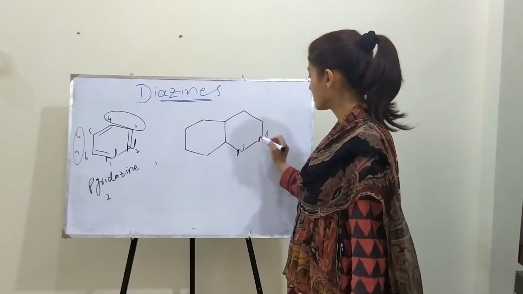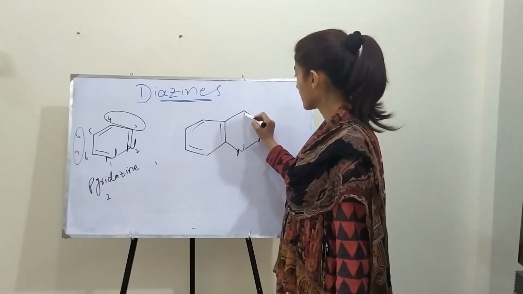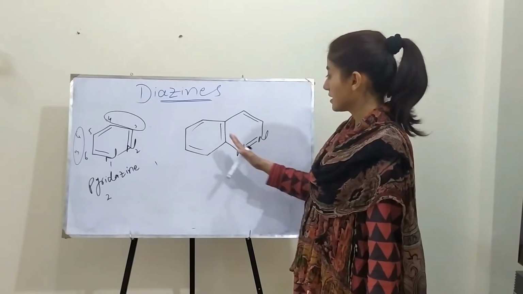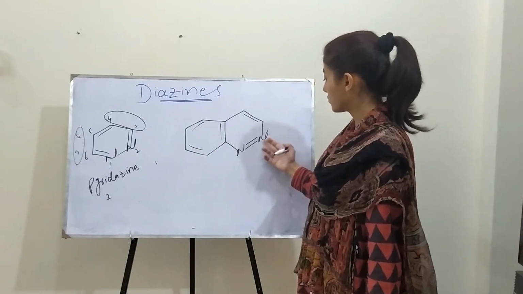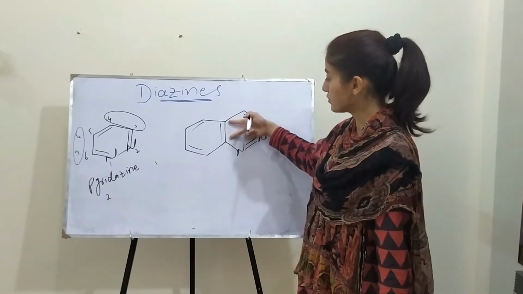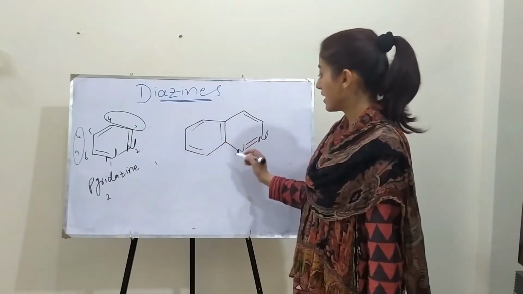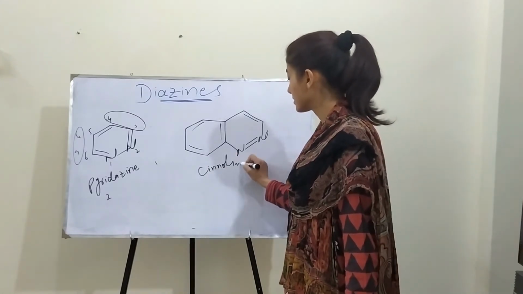Here these are the two nitrogens, this is the benzene ring. Now see, if we don't consider this benzene ring, then we start from here 1, 2, 3 and 4. So this benzene ring is fused at 3,4 position of this pyridazine and its name is cinnoline.